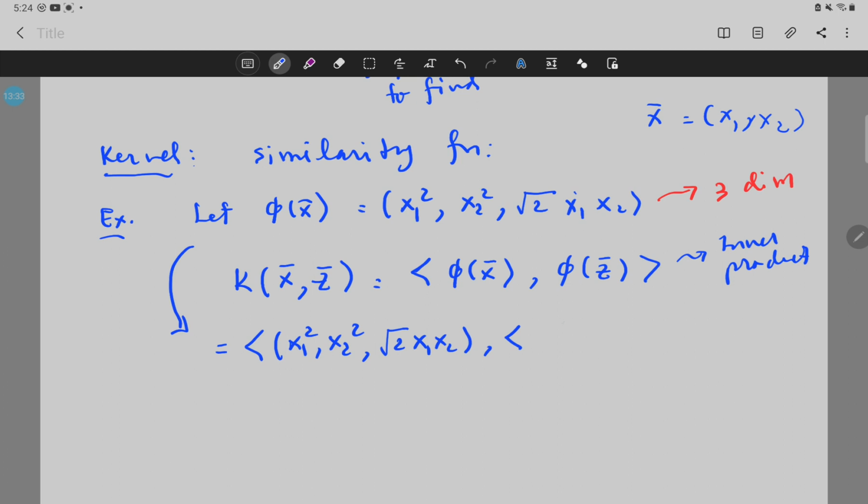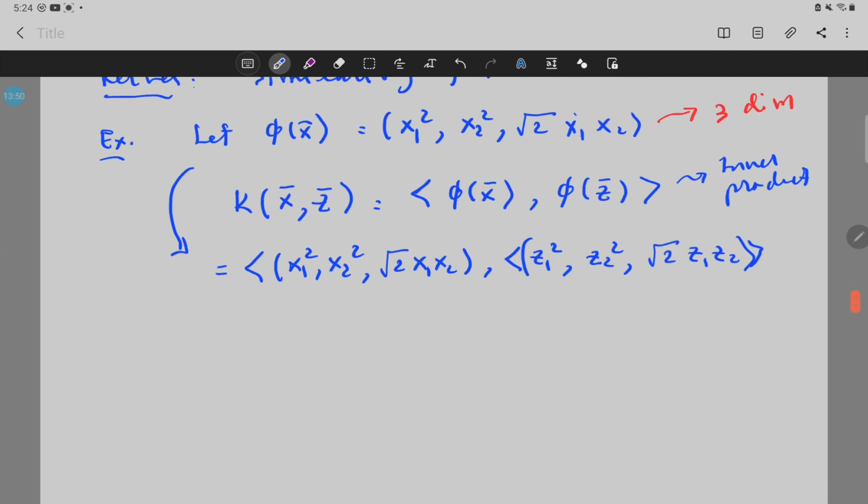And for phi of z, we have z1 squared, z2 squared, and then square root 2 z1 z2. You can write each one as vectors as well. So when you do an inner product, it's just multiplying each element pair and then summing together.